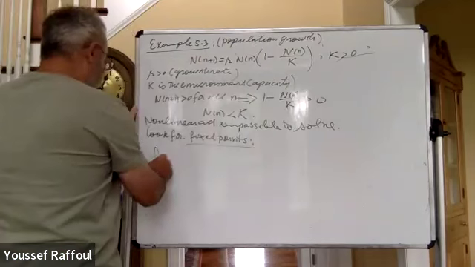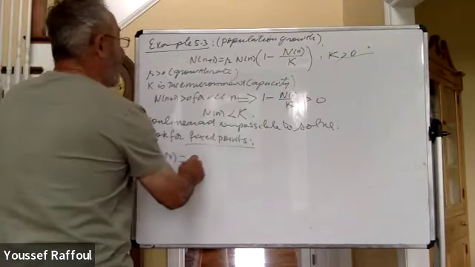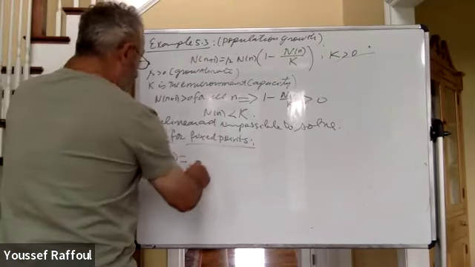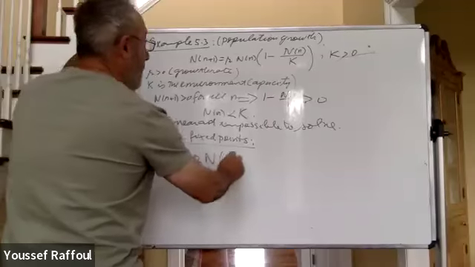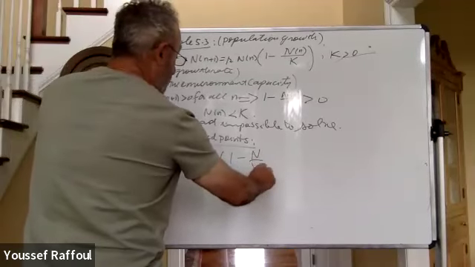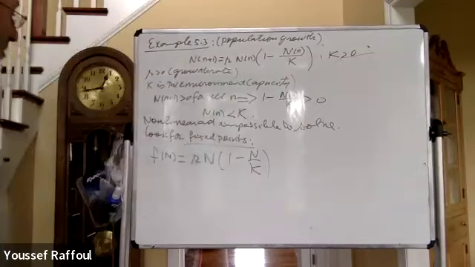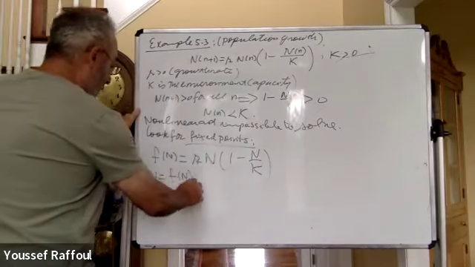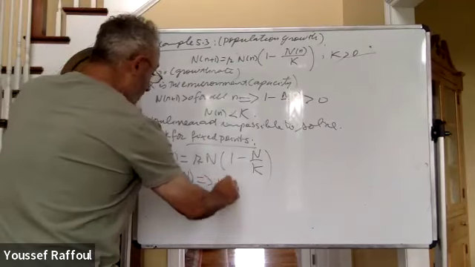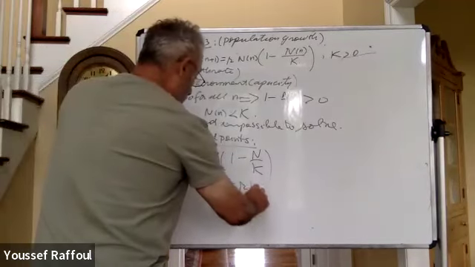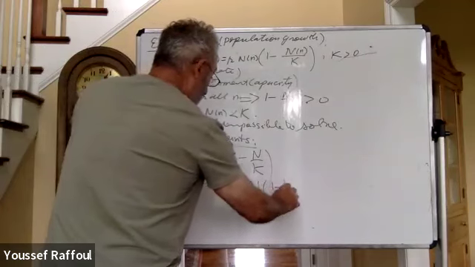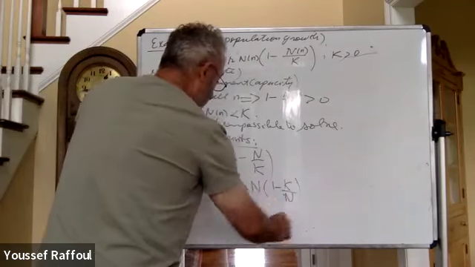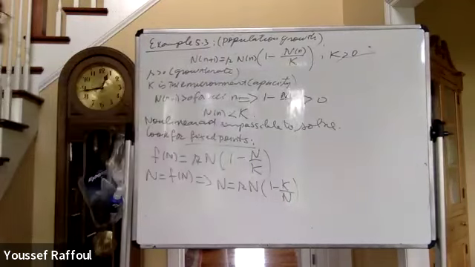So we have here f of n is r n times 1 minus n over k. So n equal f of n implies n is r n times 1 minus n over k.